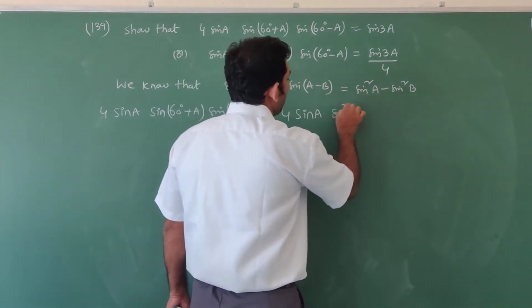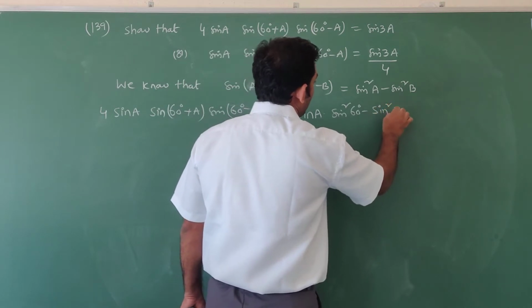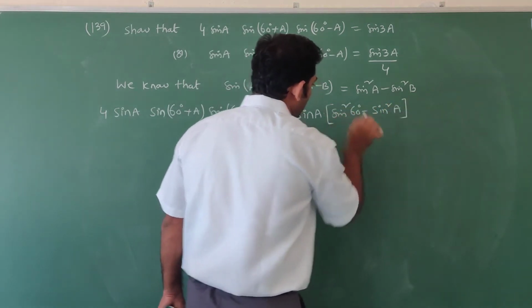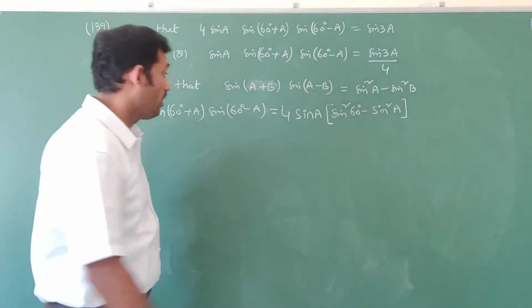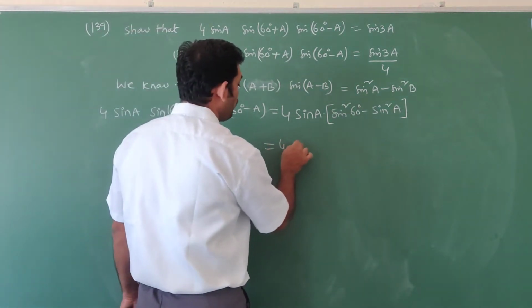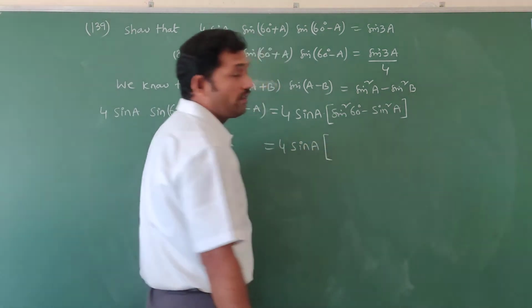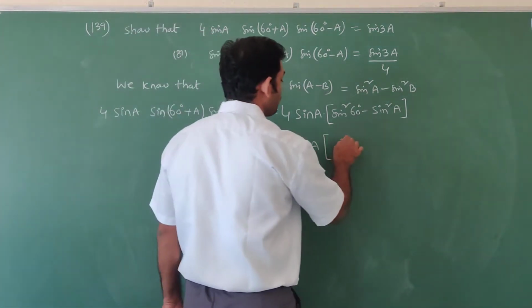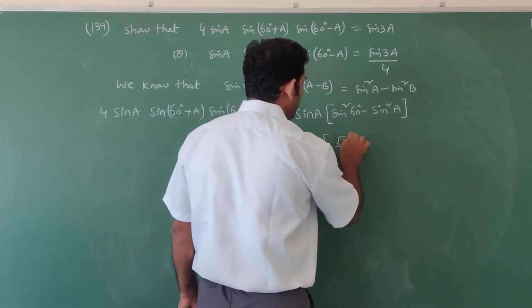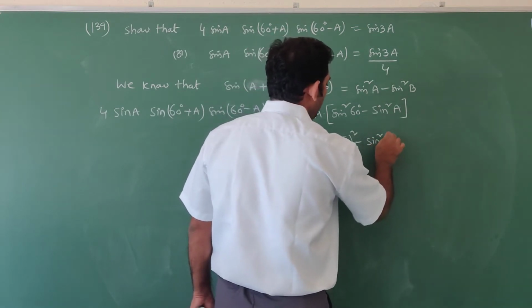That is sine square 60 degrees minus sine square A. Now 4 sin A, sine 60 degrees is root 3 by 2, whole square, minus sine square A.